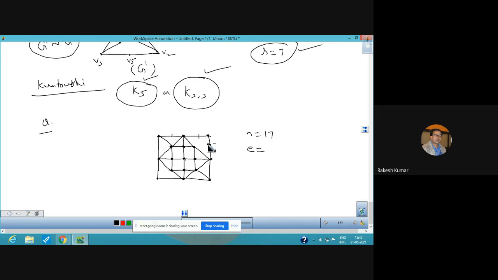1, 2, 3, 4, 5, up to 24, then 25, 26, 27, 28, 29, and then we have 30. 30 edges are there, and this is 31, and this is 32.